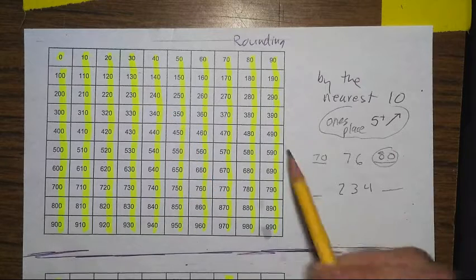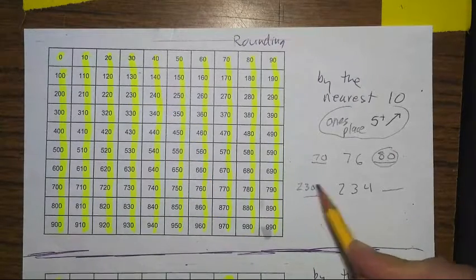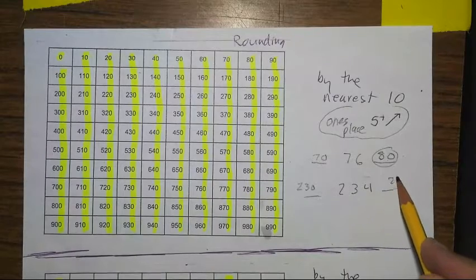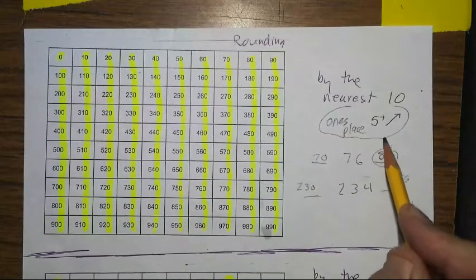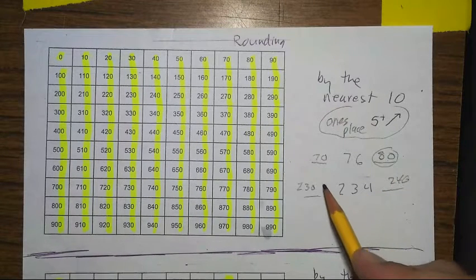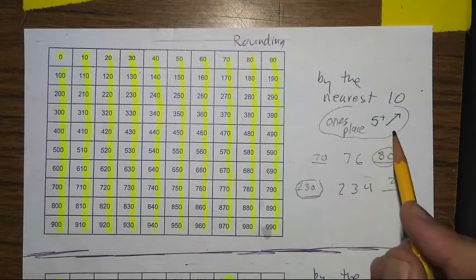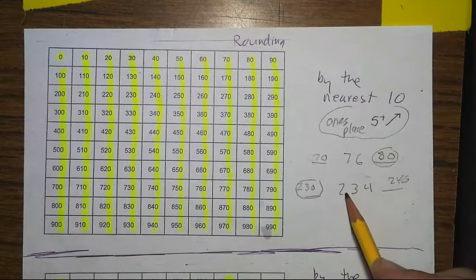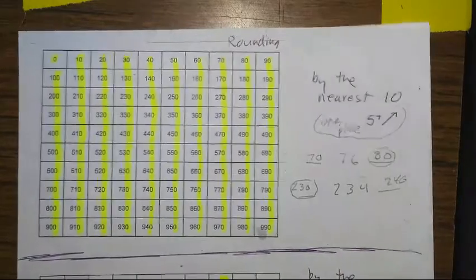Oh, that's between 230 and 240. And I look at the last place here, and that's a 4. So that tells me it's closer to 230 than 240. So we look at the last place once we find the nearest 10 and figure out if it goes to the low 10 or the high 10.